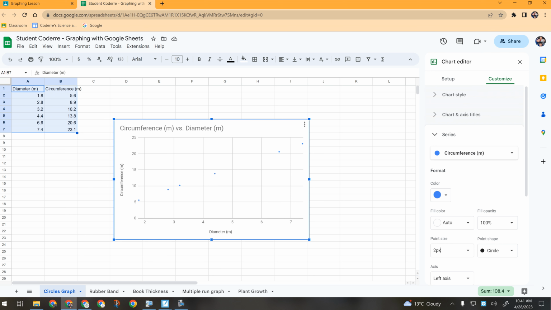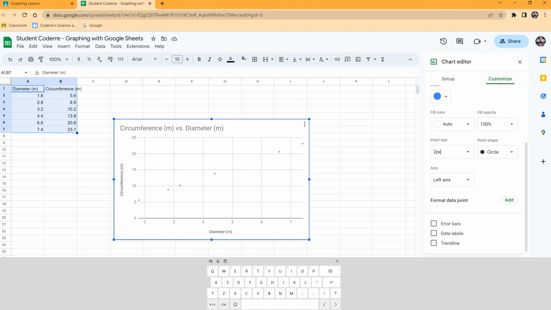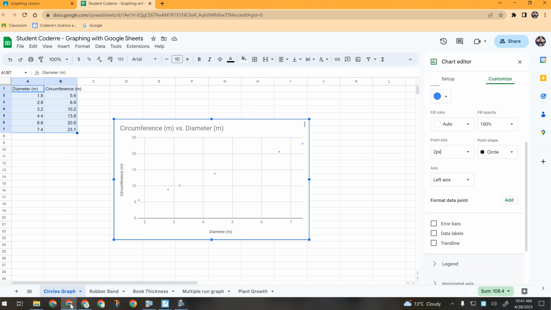But I scroll down because I want to put a best fit line on here, or what Google calls a trend line. There's a little checkbox further down that says trend line. If you check it, it'll draw you a line of best fit.